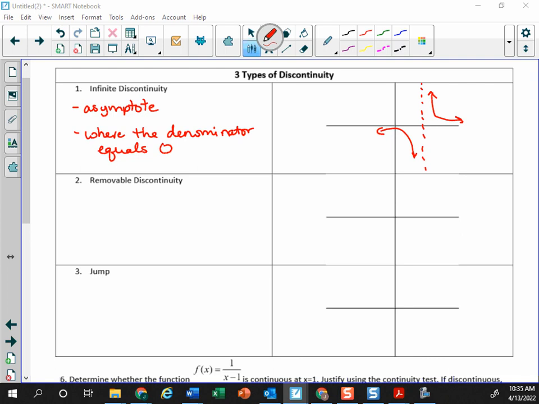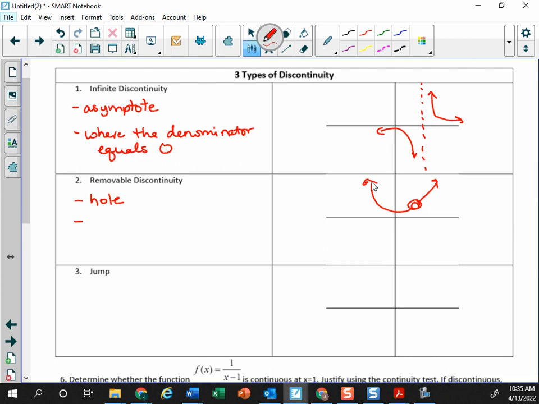All right, guys, removable. What's another name for removable? Yes, that is a hole. Good job. So you might have a graph that's got a hole. I drew a really messy hole. Do you remember how that happens?